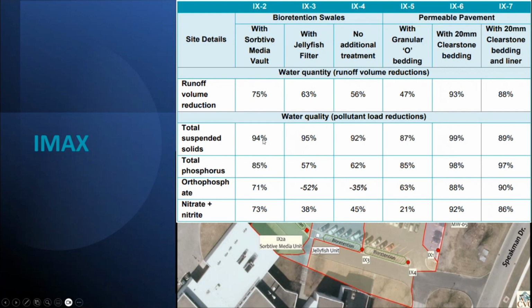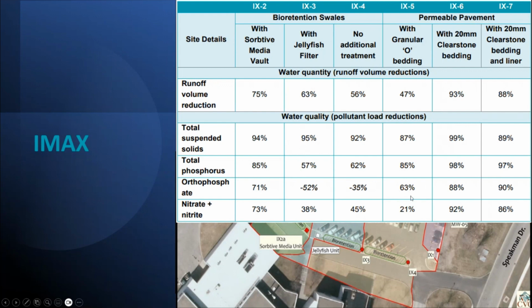So you can see how high the reduction was for suspended sediments, how high total phosphorus was reduced, and orthophosphate reduction with the sorptive media vault. But we saw there was actually an increase, showing minus 52% and minus 35%, in bioretention swales.